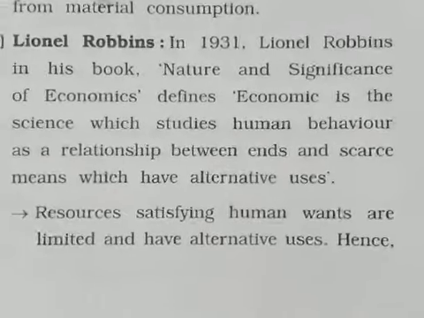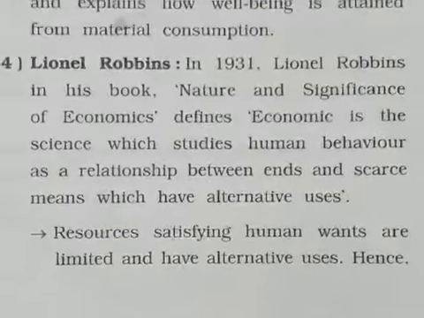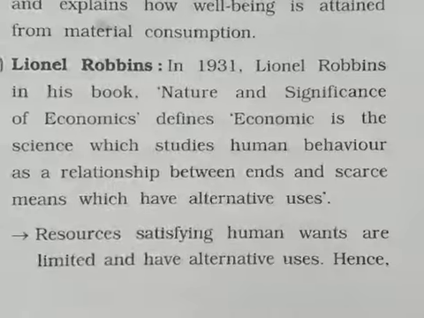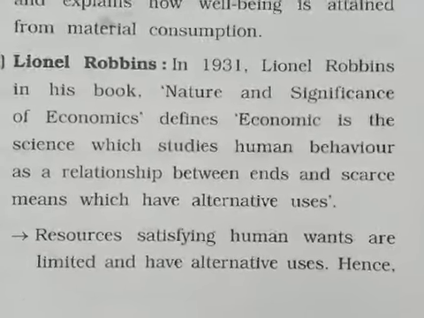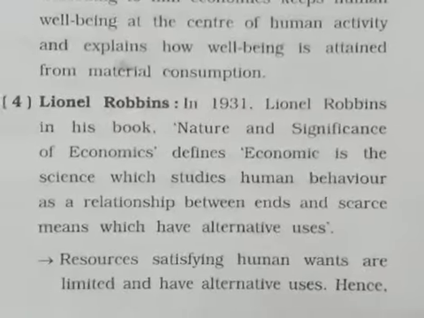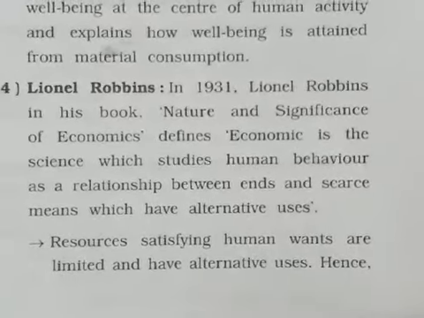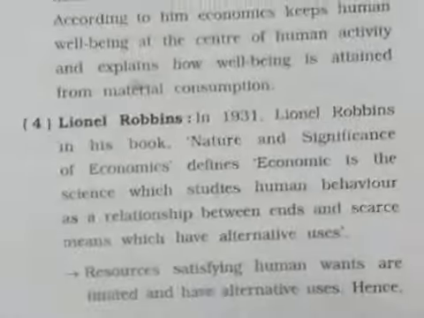Right? I think you all agree with the sentence. Resources for satisfying human wants are limited and have alternative uses. As I have already explained to you the difference between wants and needs, right? Wishes. Our wants are unlimited, right?